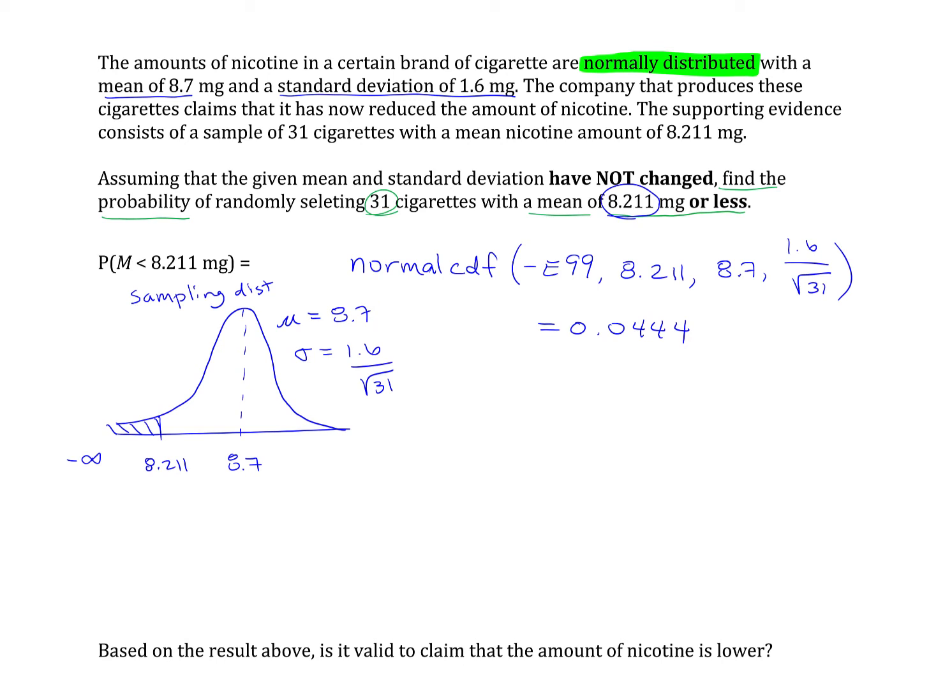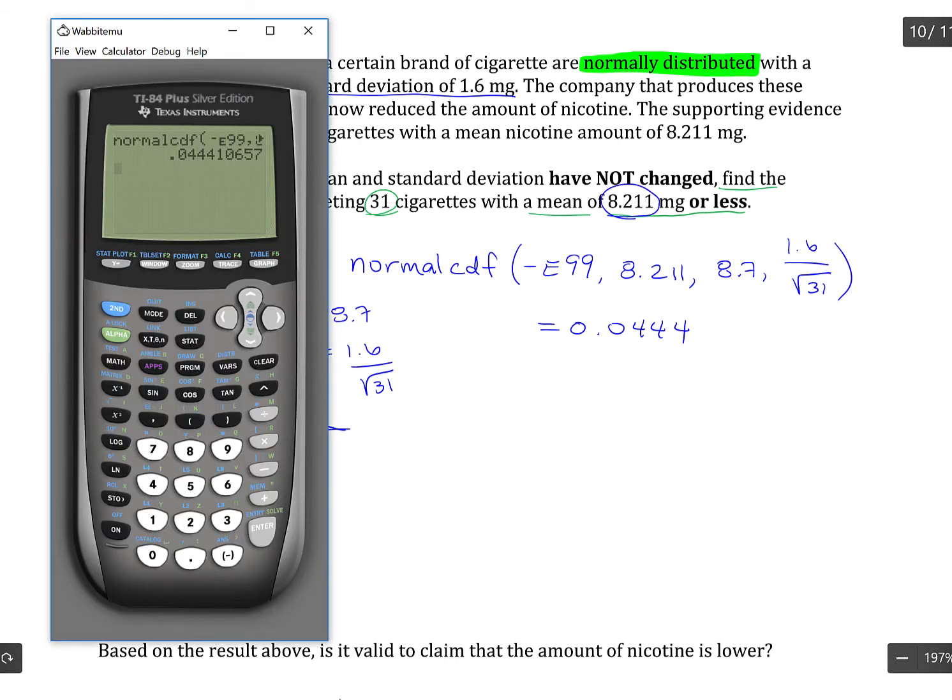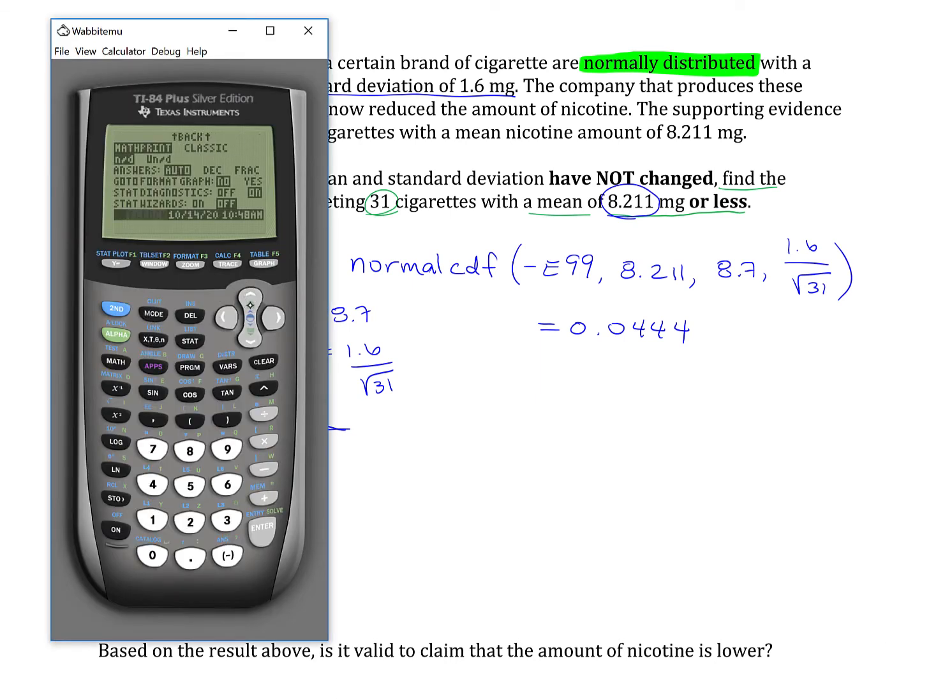So that is the probability, which is not a very large probability, but one thing I want to mention real quick is some of you may have seen a menu show up as you did that process. That's okay, it just means you have one of the later model calculators. All this is doing is helping you remember the order of the inputs, and it's actually a little bit easier to type those in because you don't have to worry about the values scrolling off the side of the screen.